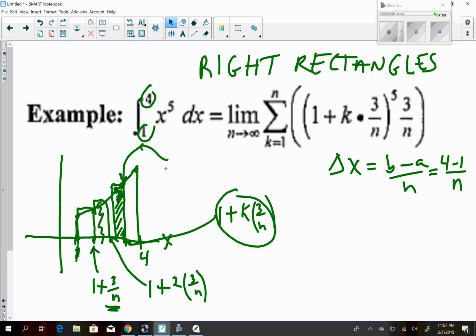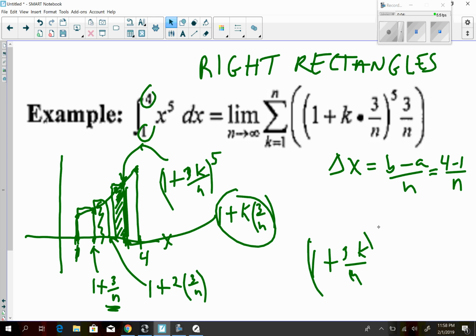So the y-coordinate is 1 plus 3k over n to the fifth. And that actually, what I just wrote, is the height of this rectangle. I'll just write it again over here. 1 plus 3k over n is the height, or how tall the rectangle is. I mean 1 plus 3k over n to the fifth.